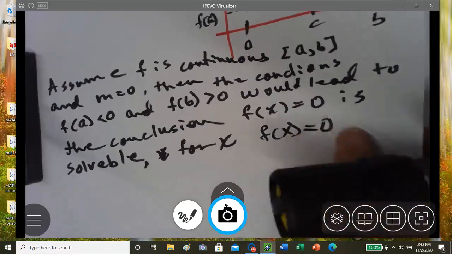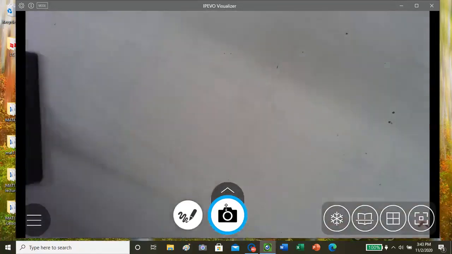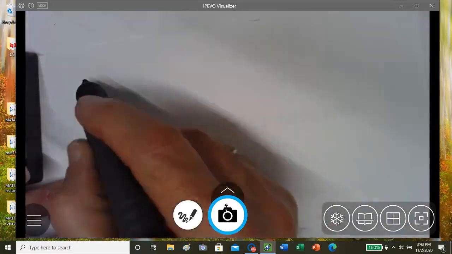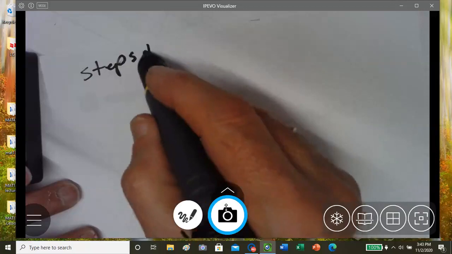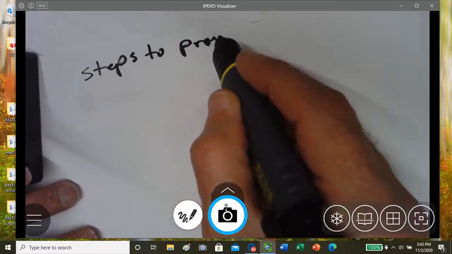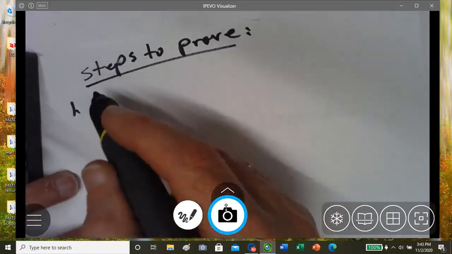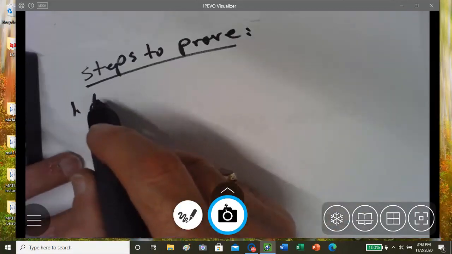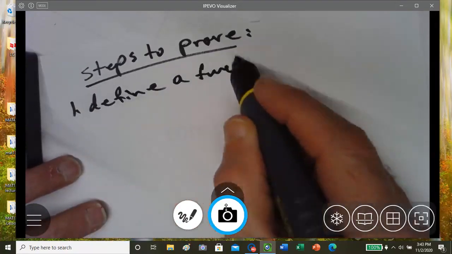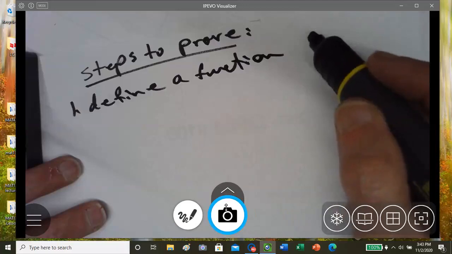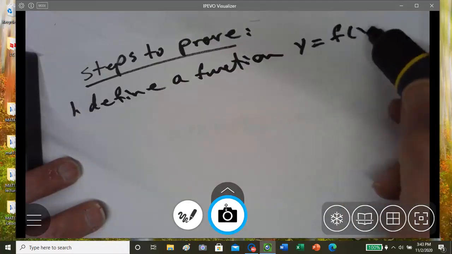So from here we're going to have our steps to prove. First thing we want to do is define a function, y equals f of x.